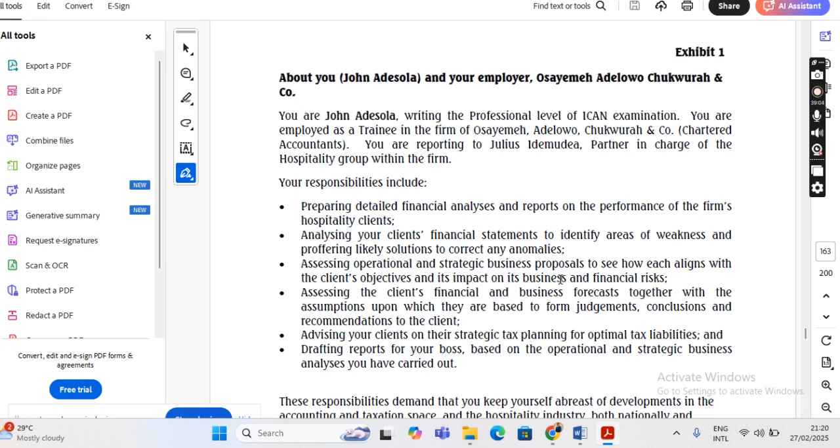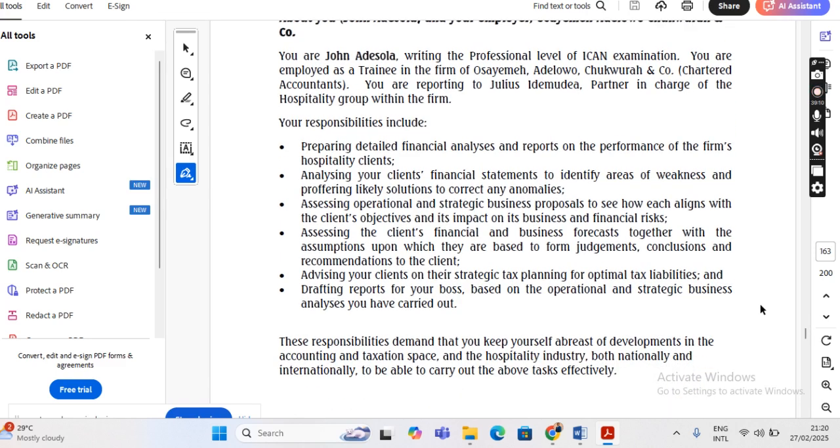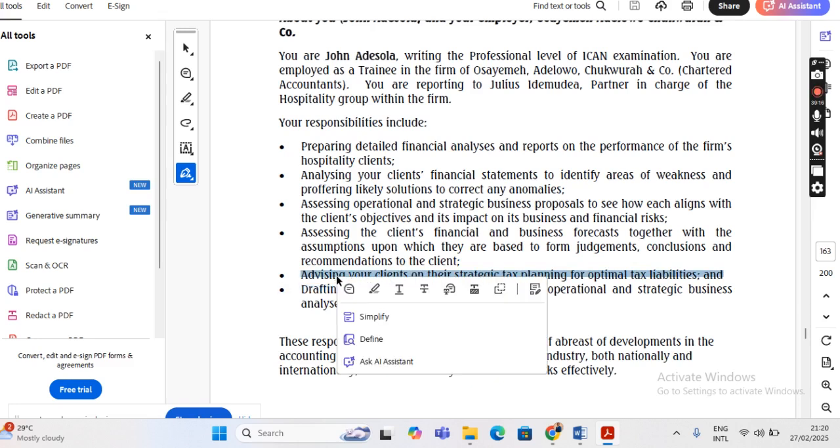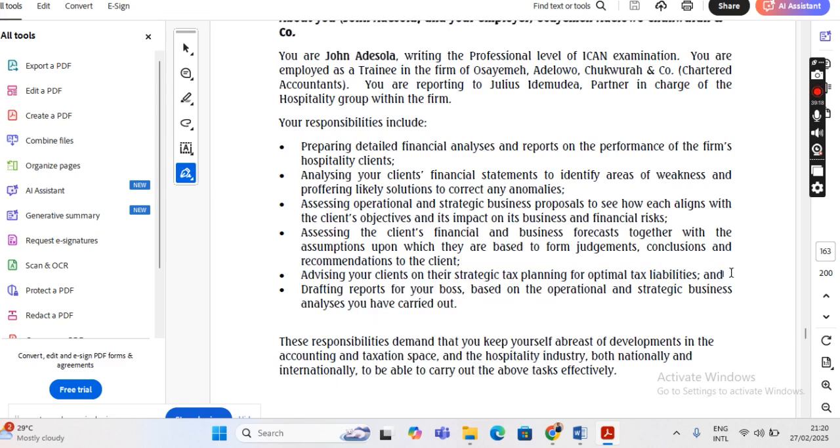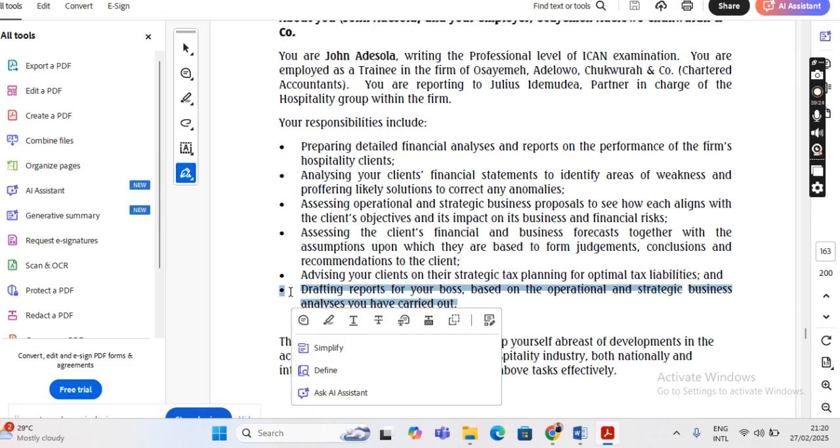Now we need to do a cover page, right? Don't forget that. Let's finish this: advising your client on their strategic tax planning for optimal tax liabilities, and drafting a report for your boss based on the operational and strategic business analysis you have carried out.